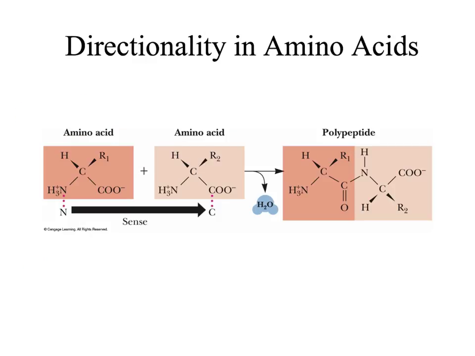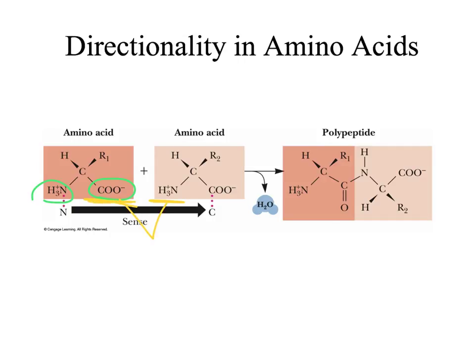So with our amino acids, as I mentioned, we have a carboxyl end and an amino end. The carboxyl end of one amino acid will end up being connected to the amino group of the next. So the carboxyl end here connects with the amino group of the next.